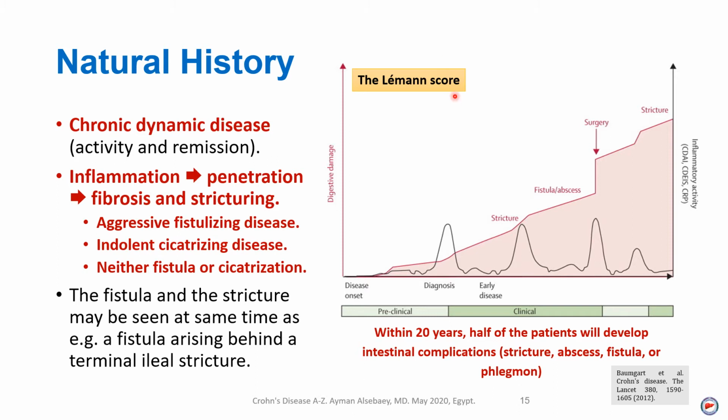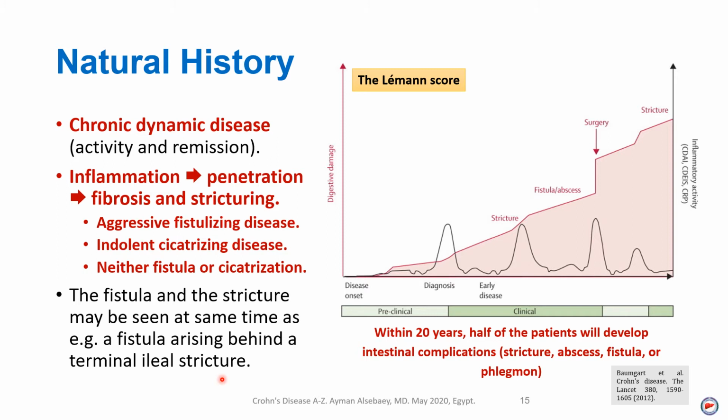If we look at the Lehmann score here, you will find that after the occurrence of the disease and the diagnosis, most patients will proceed to the occurrence of stricture, and strictures increase the incidence of fistulae and abscess formation. They will need surgery, and after surgery, there is recurrence of the disease and restricturing again of the GIT. This is the sad story of patients with Crohn's disease.